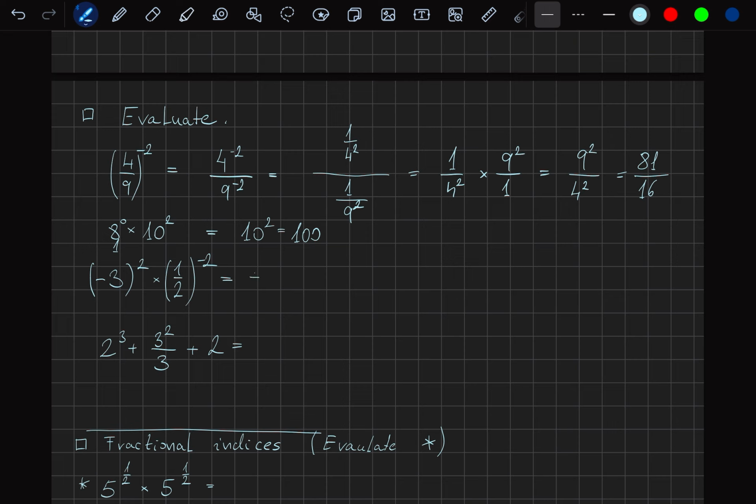So it's plus 9 times, and first I can take the reciprocal and after raise to the power 2. So the reciprocal of the half is 2 over 1, so it's 2 to the power 2. 9 times 4, 36.